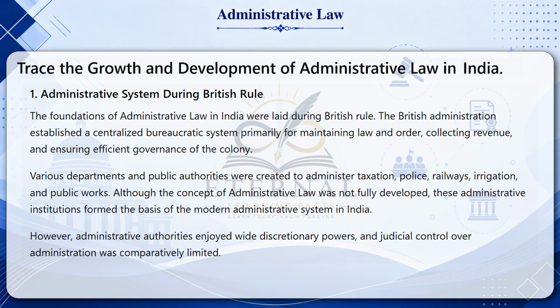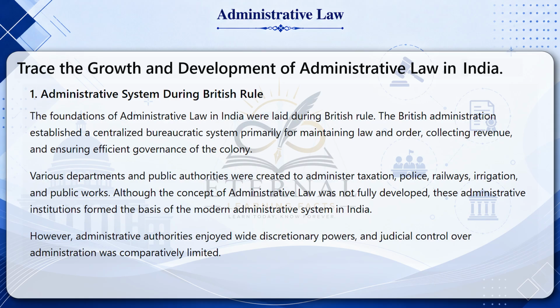The foundations of administrative law in India were laid during British rule. The British administration established a centralized bureaucratic system primarily for maintaining law and order, collecting revenue, and ensuring efficient governance of the colony. Various departments and public authorities were created to administer taxation, police, railways, irrigation, and public works.